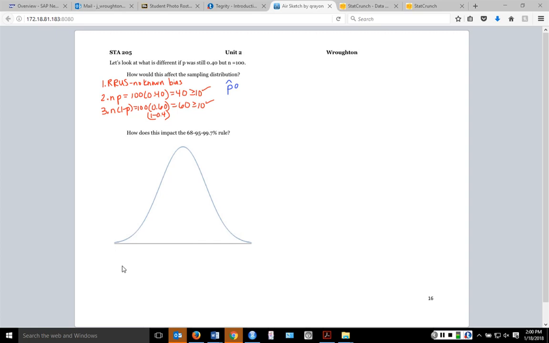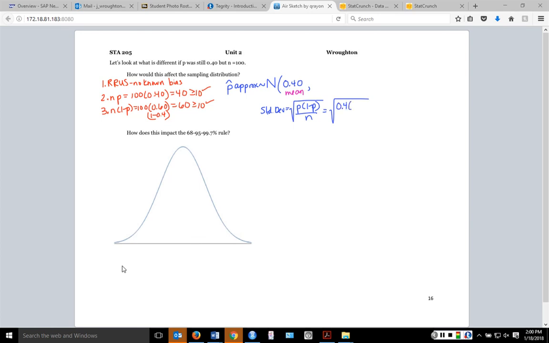p hat then will be approximately distributed normal. The mean is still 0.4. But remember, the standard deviation is the square root of p times 1 minus p over n.